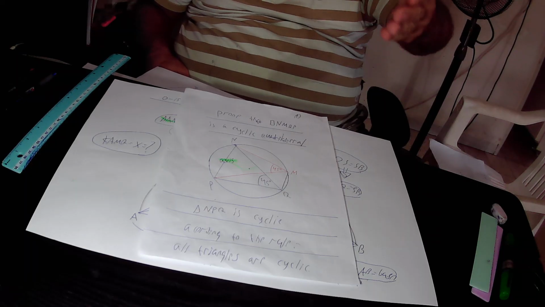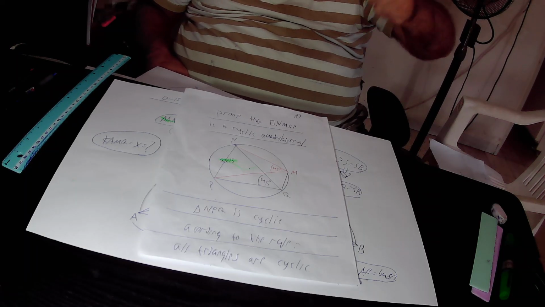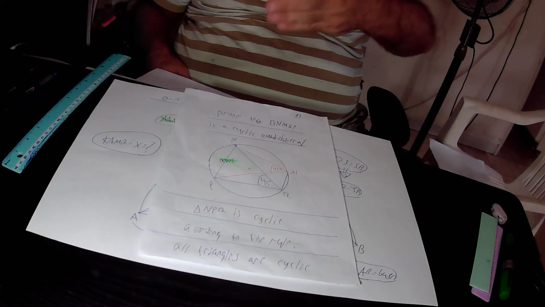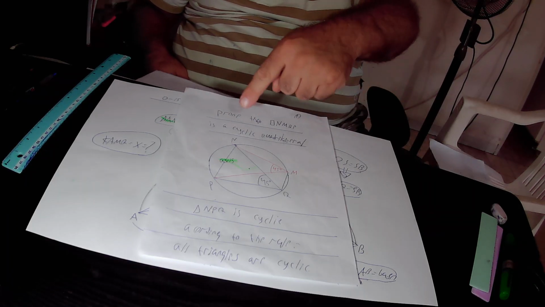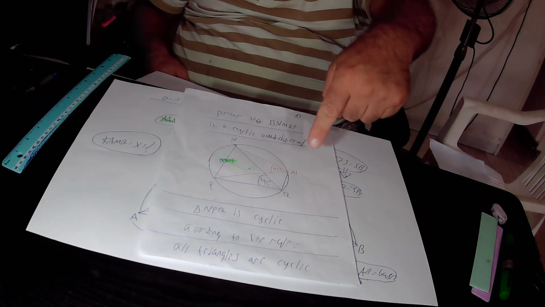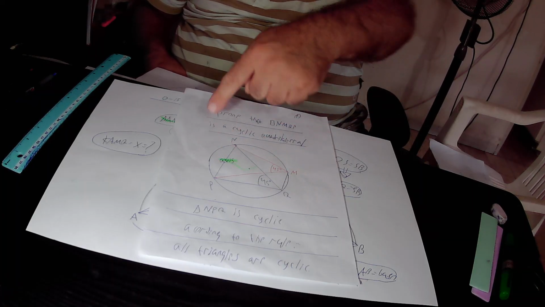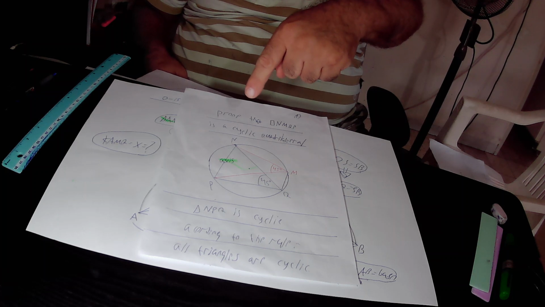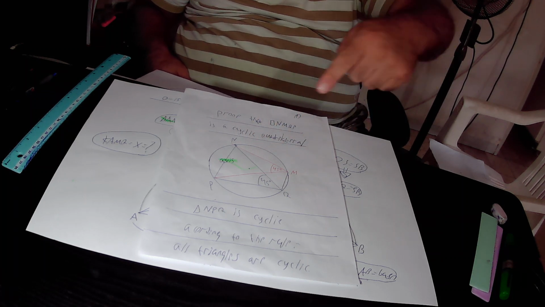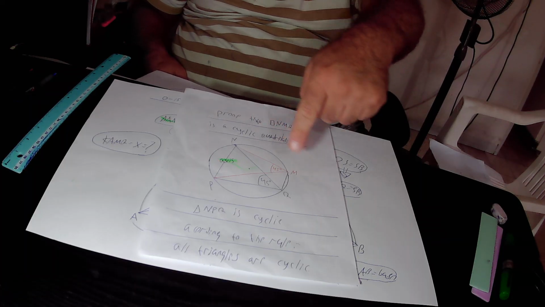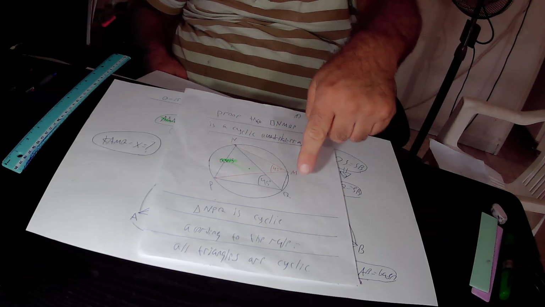And remember the rule that all triangles are cyclic. That is to say, you can block all triangles by a circle. Therefore, we can definitely block this triangle NQP by a circle. You can see that all the three vertices N, P, and Q lie on the circle itself. Therefore, triangle NQP is inscribed by this circle.